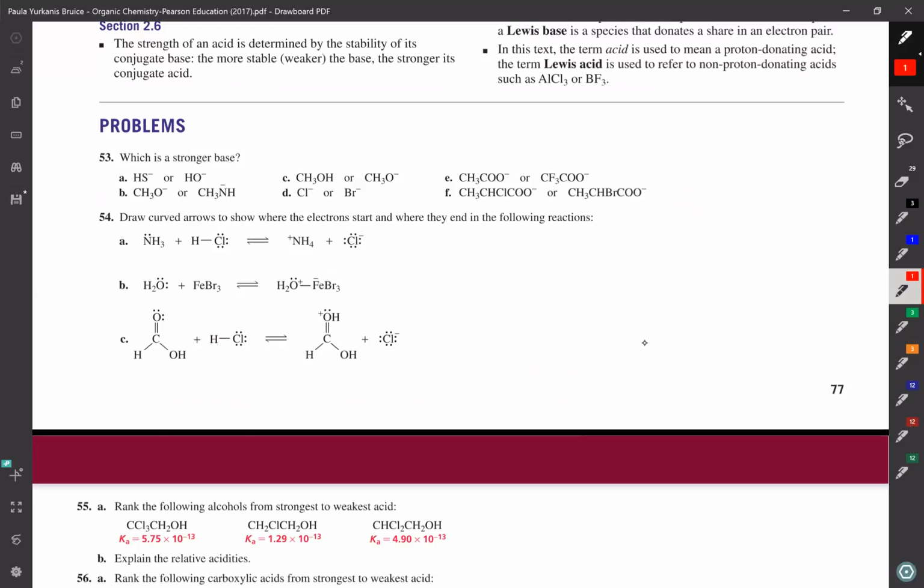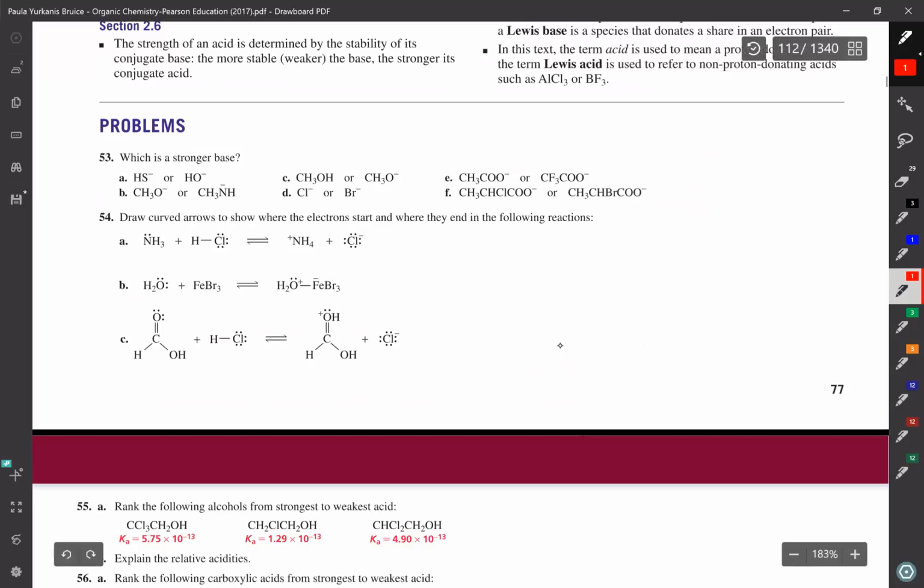How to use your pKa value, how structures affect acidity. Those are very important in chapter 2. And also your ability to draw curved arrows.